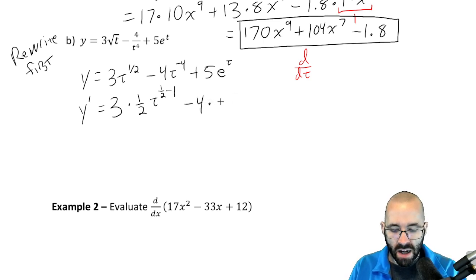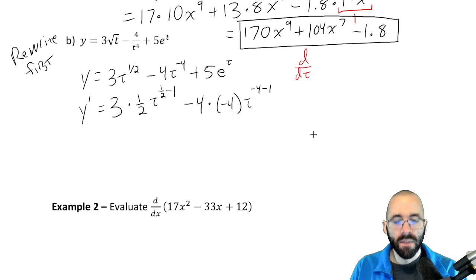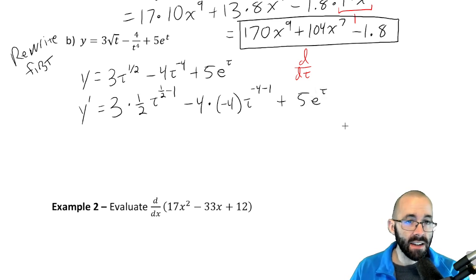The exponent comes down, and the exponent gets 1 smaller. Constant multiple rule again. What's the derivative of e to the t? It's e to the t. Okay. And now we just simplify. We're done taking the derivative.